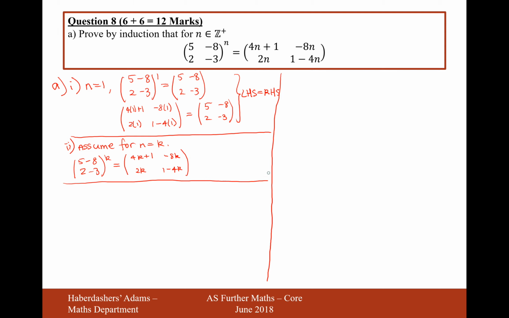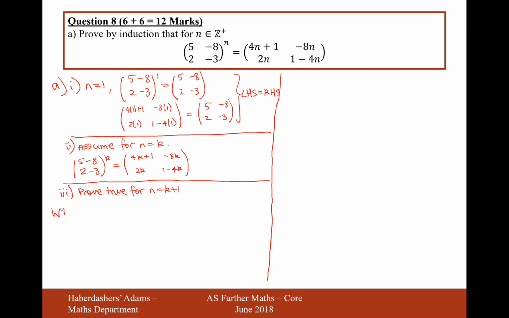Now that we assume true for n equals k, we now have to do the main bit, which is prove true for n equals k plus 1.